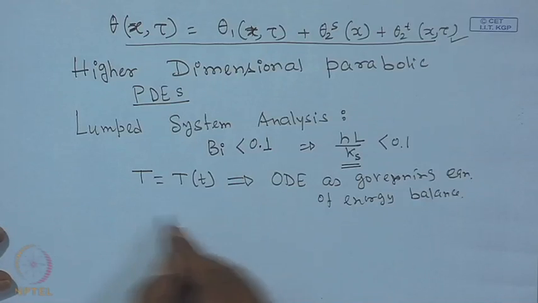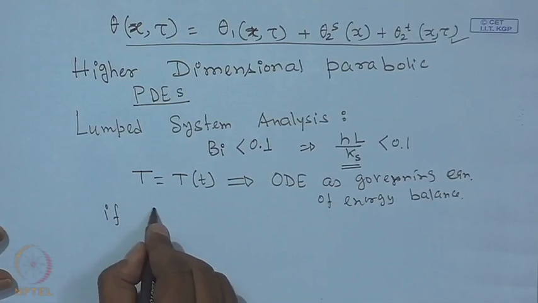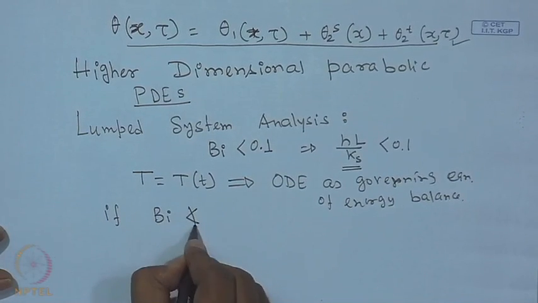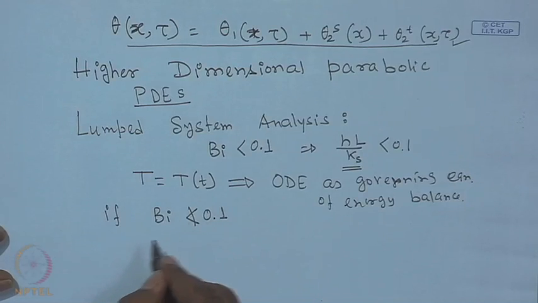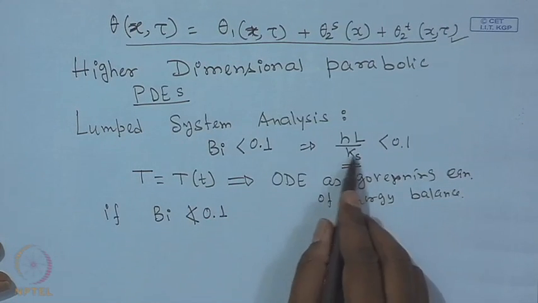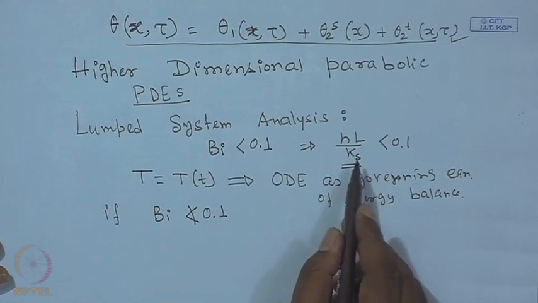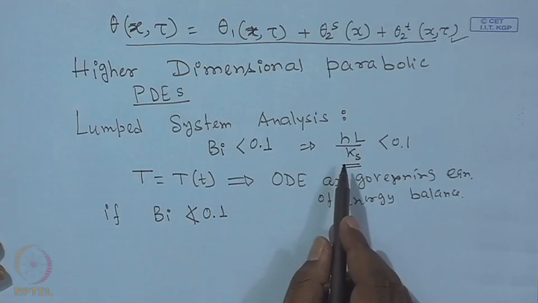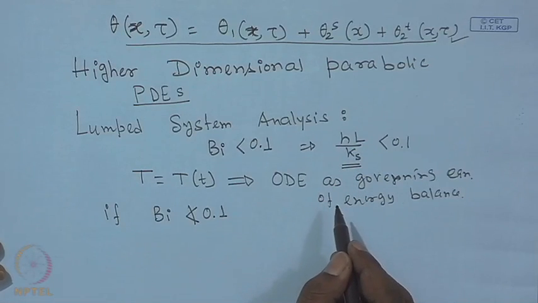On the other hand, if Bi is not less than 0.1, in that case the thermal conductivity is not that high compared to the convective heat transfer coefficient. So, there exists a temperature gradient within the solid itself. That means the temperature profile in the solid is a function of space.